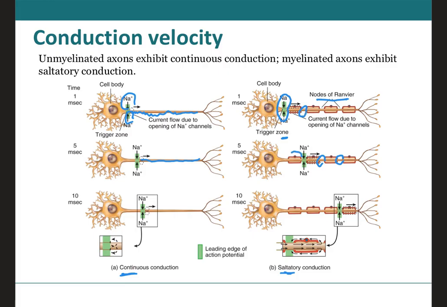The area where the myelin is does not have to be depolarized, so it jumps from this area to this area, and then to the next node of Ranvier, and then to the following one. This is why it's faster, because it doesn't have to depolarize the whole axon, only certain areas of the axon.